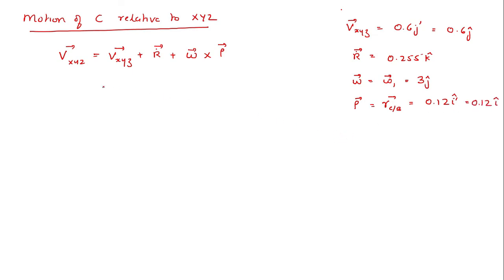Substituting all of these, you get 0.6 j cap plus R dot, that is 0.255 k cap, plus omega vector, that is 3j, cross 0.12 i. If you solve this, you would get the answer 0.6 j vector minus 0.585 k vector.